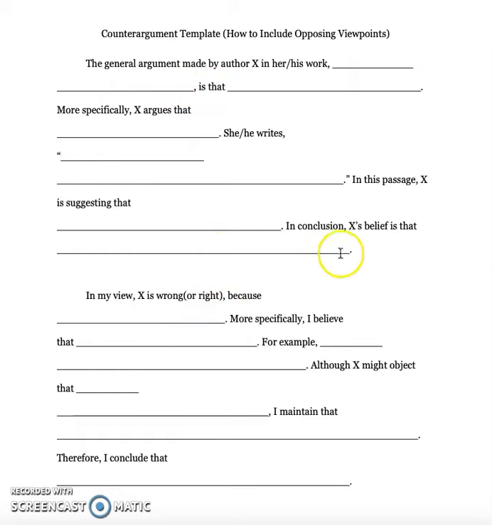I put right here because what if you're just looking for a way to include research that actually supports what you're saying, right? So this could work for that. You could use it for that and modify it a bit. But in any case, specifically in this video and in this handout, we're looking to include opposing viewpoints. But in my view, X is wrong because blank.